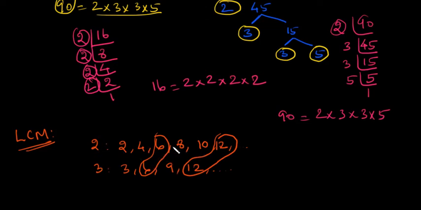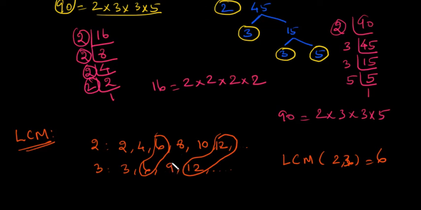But among the common multiples, what is the least one? Least one is the lowest one, the smallest one. So 6 is the least common multiple of 2 and 3.